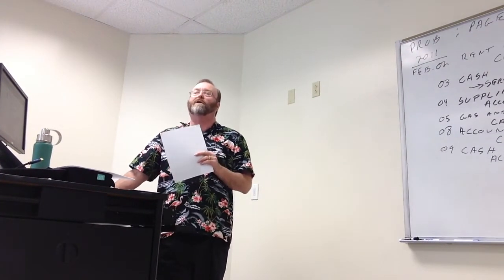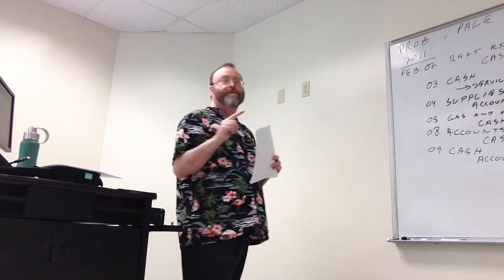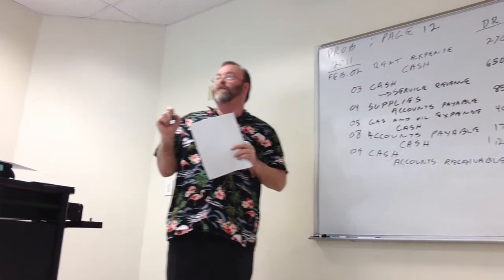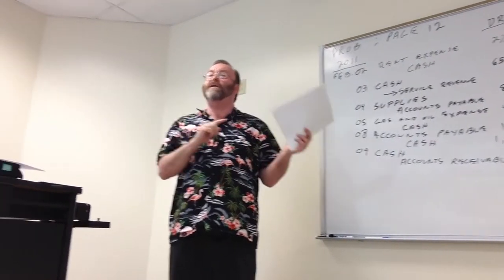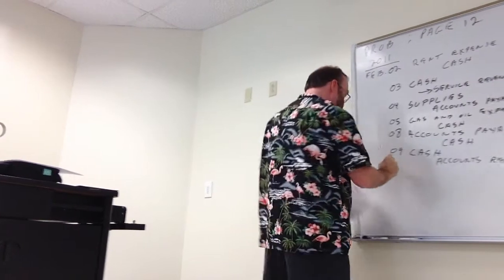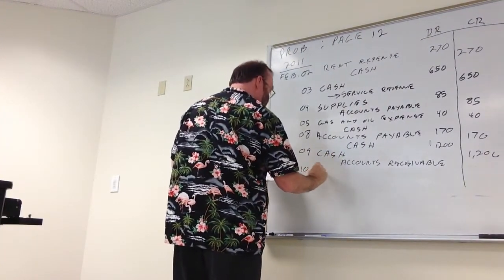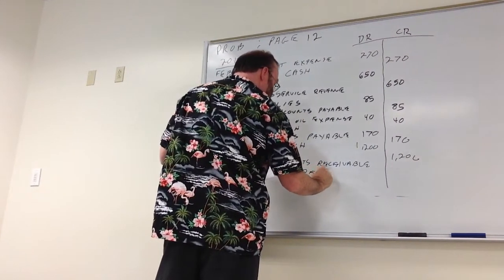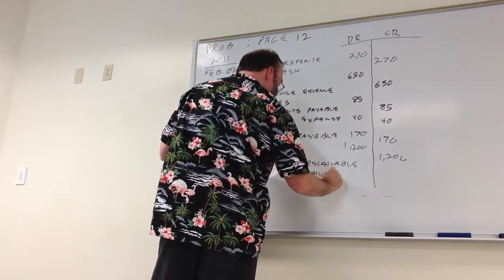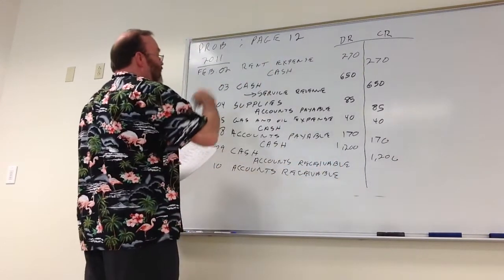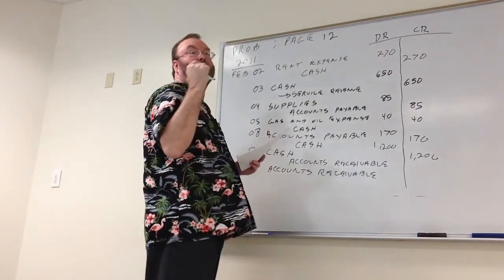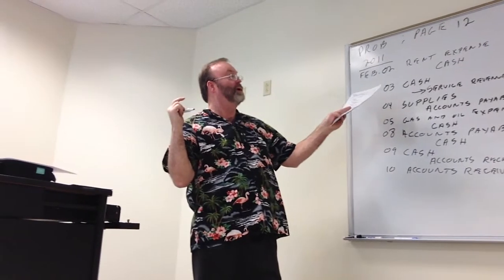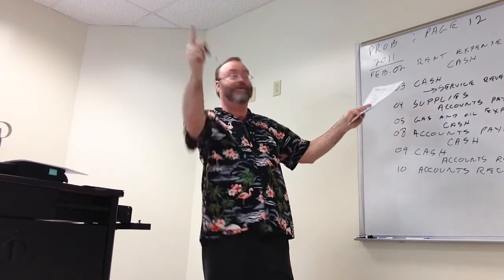On the 10th, we billed customers who had not yet paid for this month's services. $700. This is an entry. What is the debit? Accounts receivable. This is the opposite of the transaction above it. And the credit is service revenue.